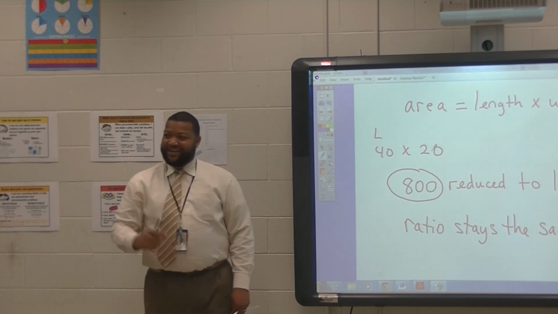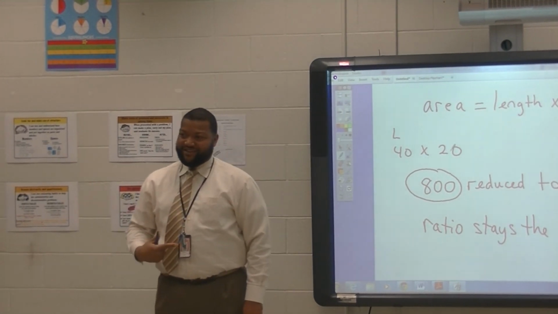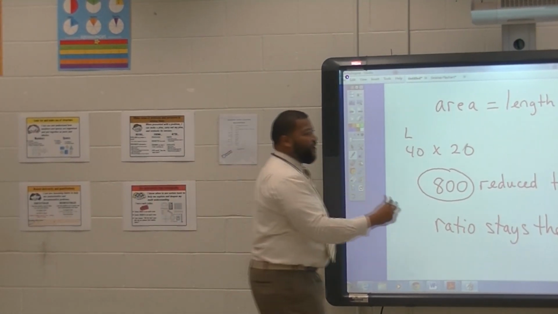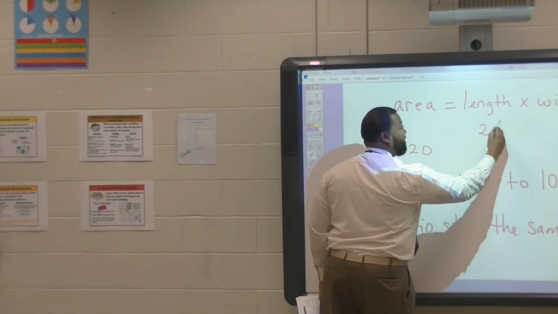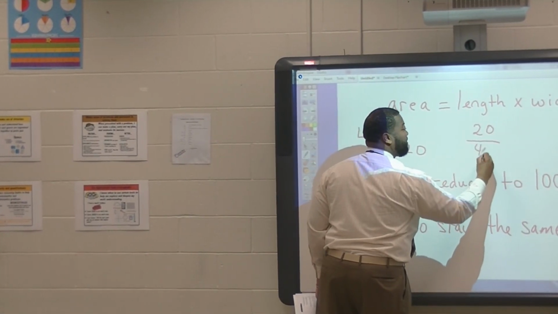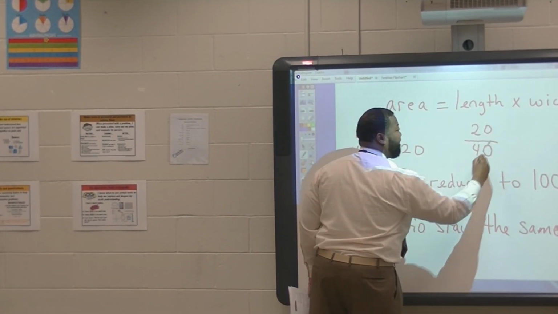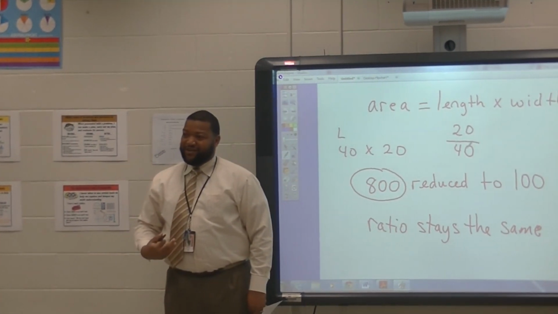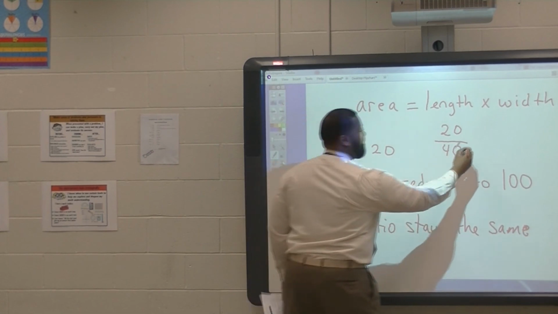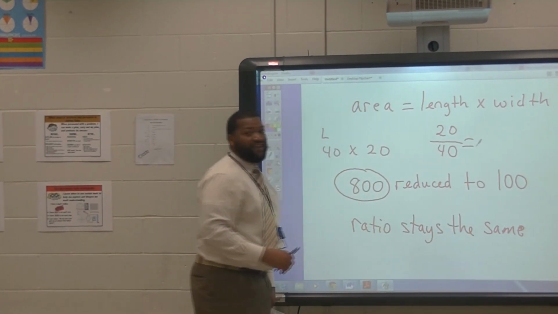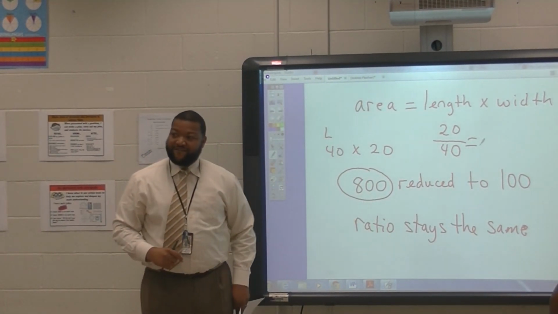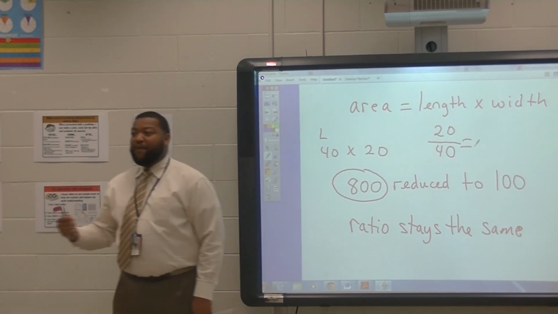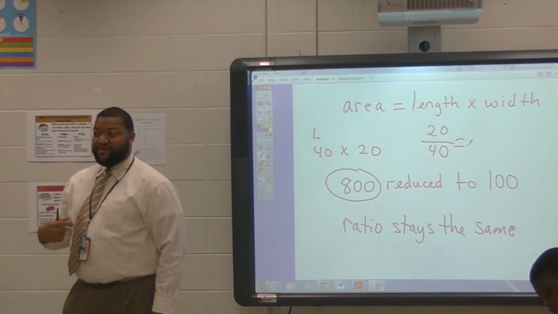Now, let's reduce this down. If you have 20 by 40, and you reduce this fraction, what do you get? It said it went down by 100 times.